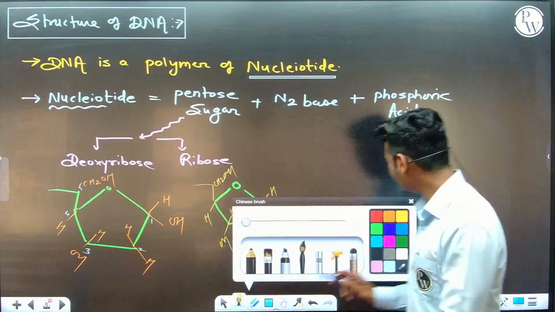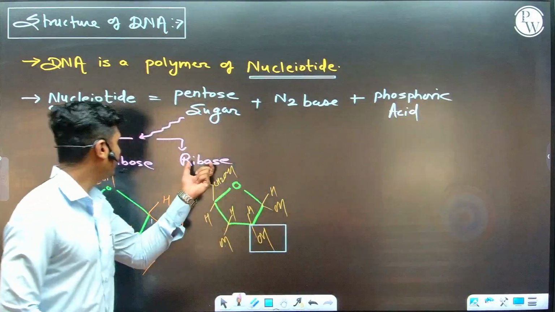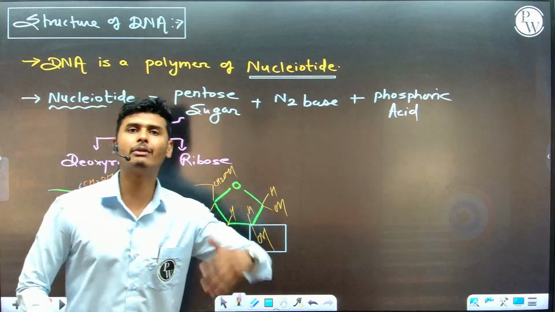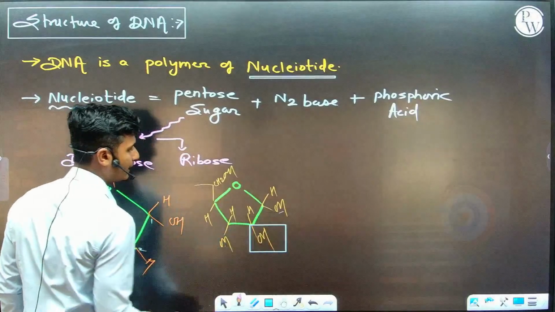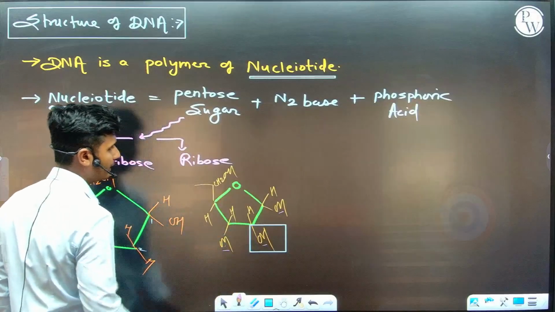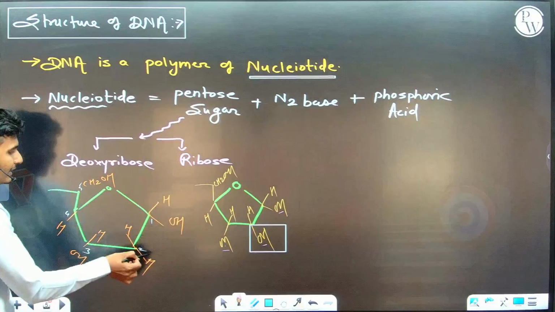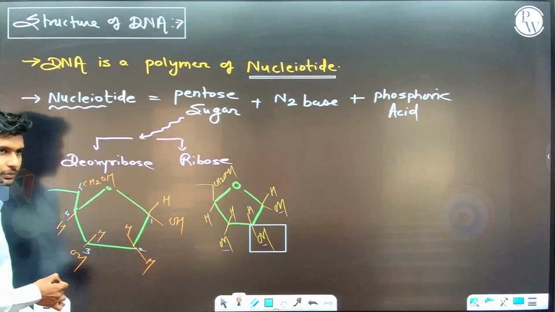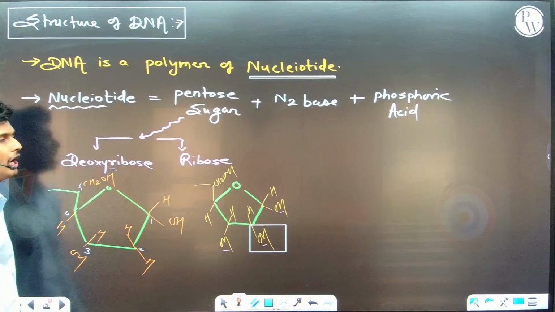Look, the logic is very simple. Which of the following has the maximum functional groups? There is one functional group here, second one, third one, fourth one, maximum functional groups in the ribose, and one lesser functional group, one alcoholic group is not present on the second position in the case of deoxyribose.